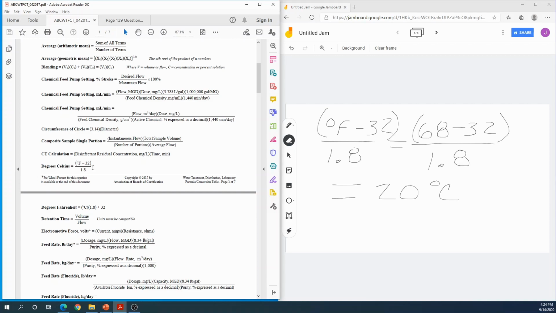This is how I would say the correct way to show this math would be. When we were looking at the problems earlier, it was missing these parentheses on top, and so you had to know you had to take the subtraction first and then divide by 1.8. That was a little frustrating on that last worksheet. I like how it's shown here. It's a lot more clear. So parentheses first and then division for order of operations.